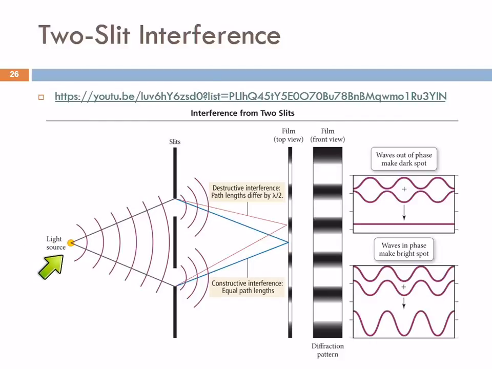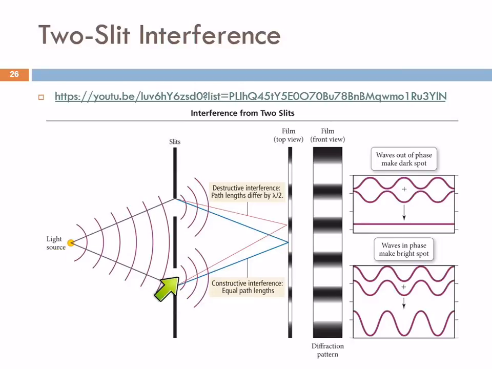Here we have a light source sending out waves, and now we're hitting two slits instead of just one. As the waves hit the slits, they diffract. These waves are going to be in phase because they came from the same source.